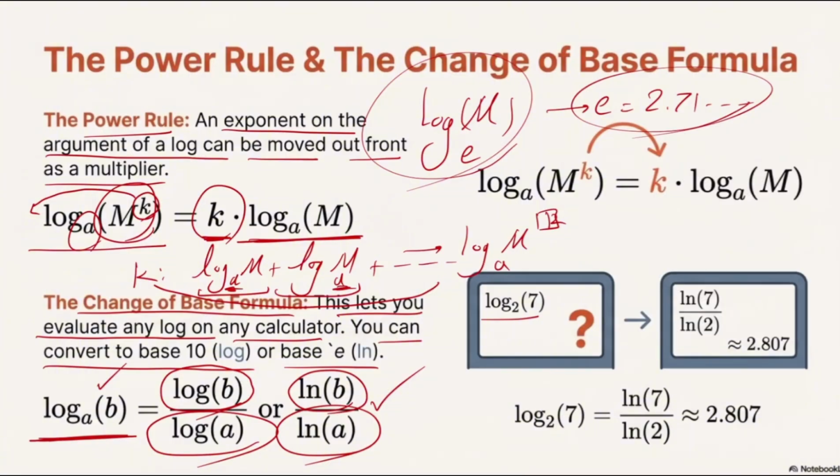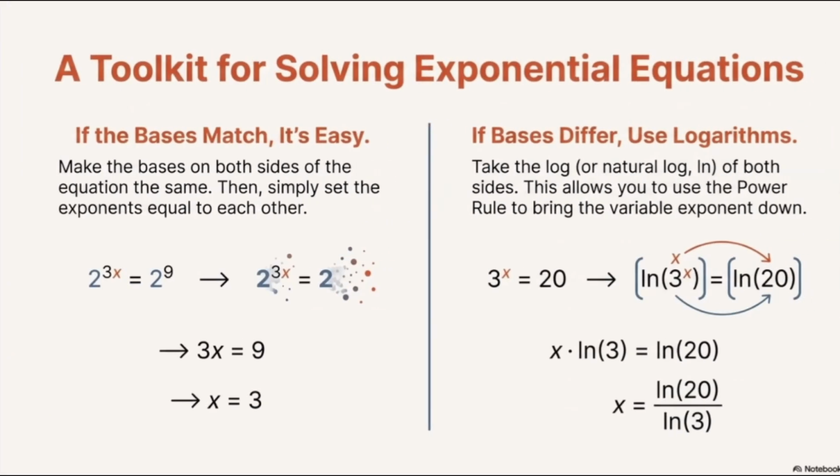As you can see, the log of 7 with the base of 2 can be written as log of 7 divided by log of 2, or ln of 7 divided by ln of 2. Whatever number you get is going to be your final answer.